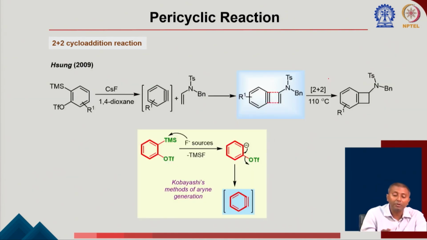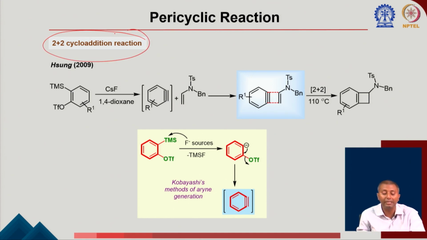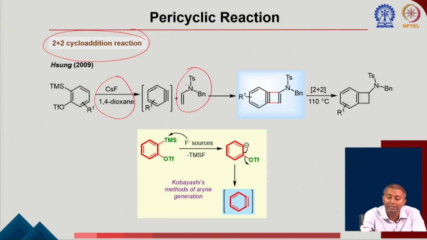Then there is another important reaction, another 2+2 reaction again. What we are saying here is that after the benzyne formation from the Kobayashi method, you have some sort of enamine. Again, if you remember the reactivity of enamine, it is going to react something like this. It will generate this minus here, which is going to add to this imine and form this corresponding product.